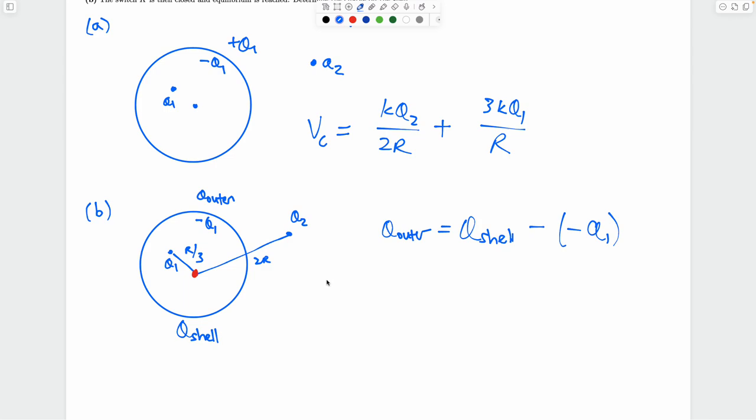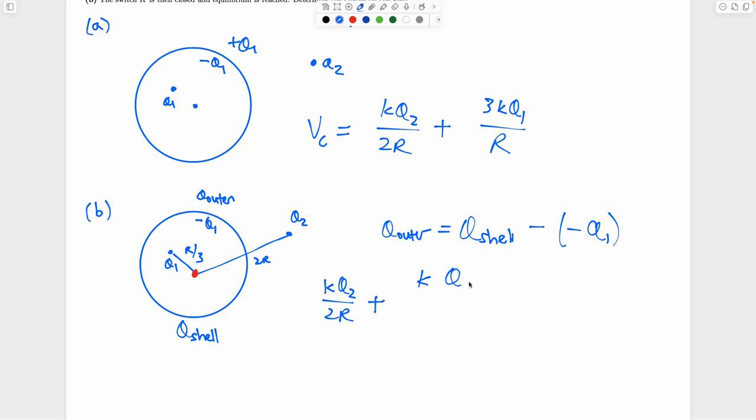KQ2 over 2R. So this is the potential at the center due to this charge only. Okay? And then we need to add an extra component, which is that, oh right, you also have the outer surface charge, which is KQ outer.